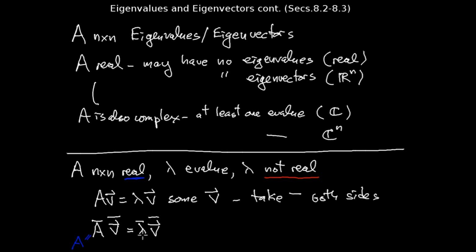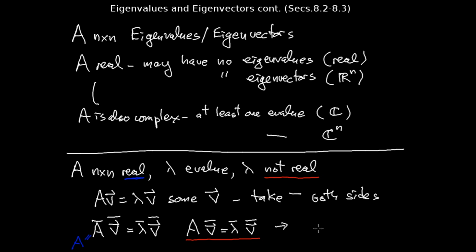On the other hand, lambda is not real, so you can't say the same thing about lambda, and similarly V. But what you do get is the following. You get the original matrix A applied to V bar is equal to lambda bar V bar. You just look at this equation, and it says that lambda bar is an eigenvalue.